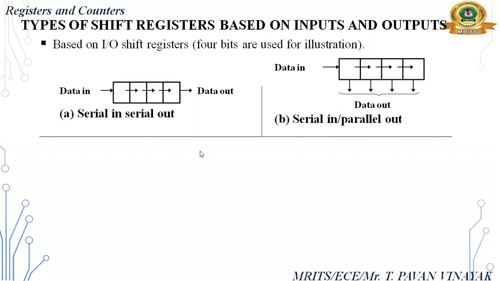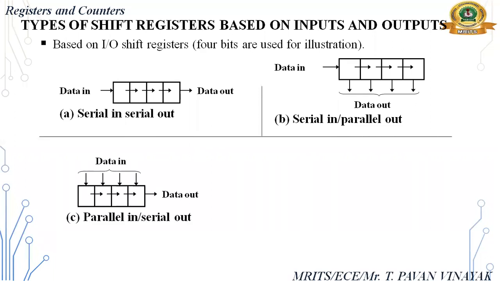Next, the third one is parallel in, serial out. Input is given at each flip flop, 1 2 3 4, and output is taken at the last flip flop.